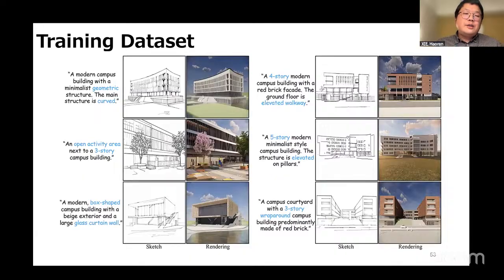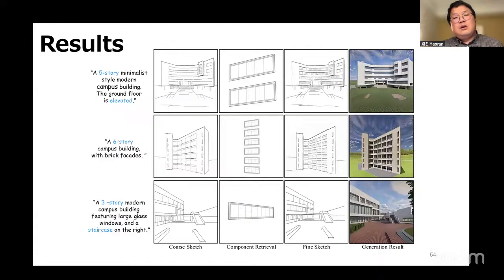We use the training set, the dataset from actual building cases. We especially focus on the university campus like here. So we get this kind of result. From the coarse sketch, we mean without too many details, first we get some retrieved details, then we combine them together.